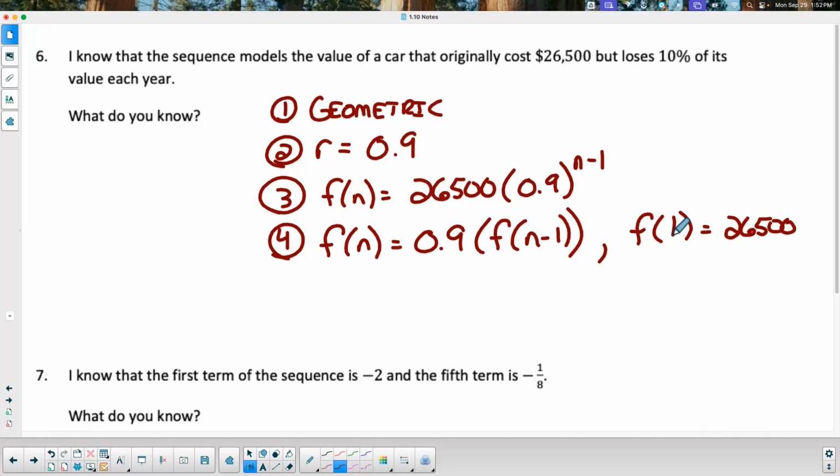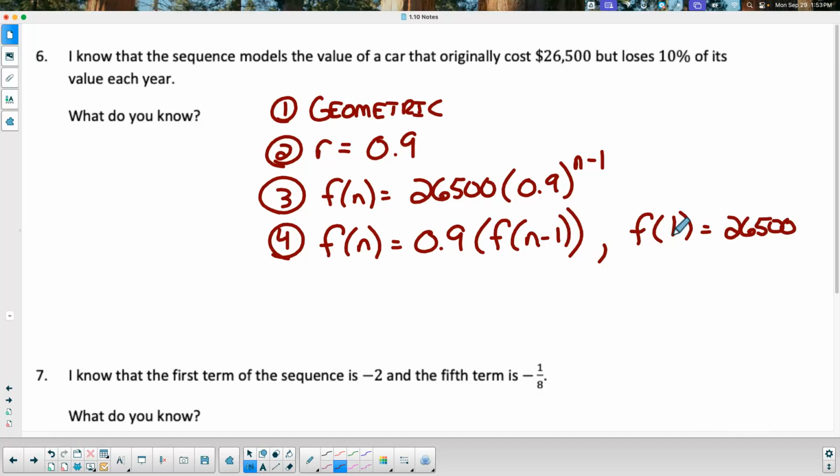That's the only two things we know, right? Didn't tell us that it was geometric. Didn't tell us it was arithmetic. Didn't tell us we were multiplying by something, or adding or subtracting something. So that's all you know. Okay?